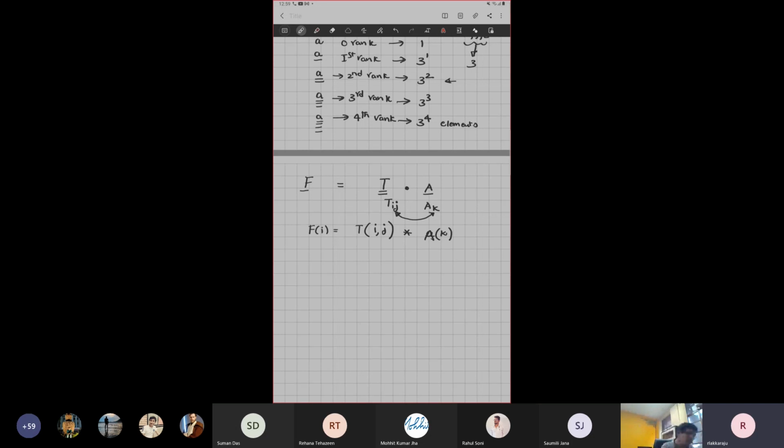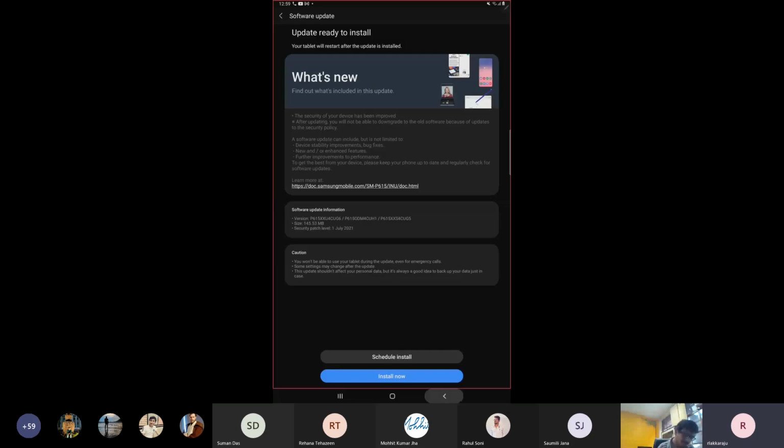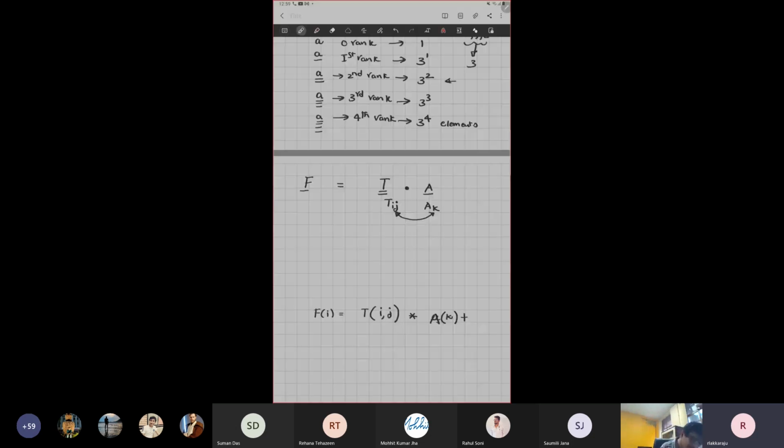That means the loop really comes here. F of i, end loop.